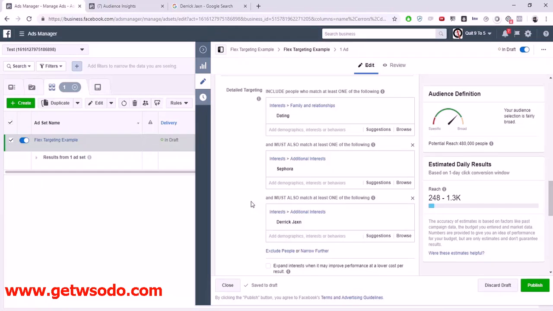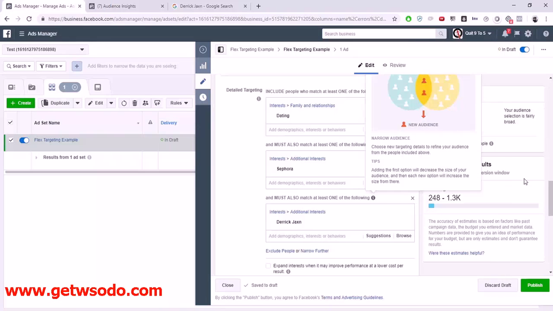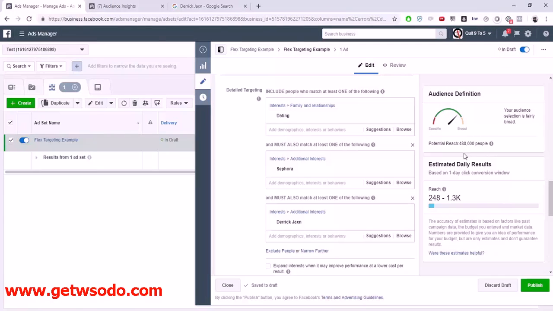So I hope I'm not sounding like too much of a broken record, but this is some of the things that you can use, that we super affiliates use, to get super laser targeted. And 480,000 people isn't too much to scale to crazy ridiculous numbers for months at a time with, but I'll bet you can get some pretty good conversions out of this audience, and just burn it right out, make a ton of money off of it.